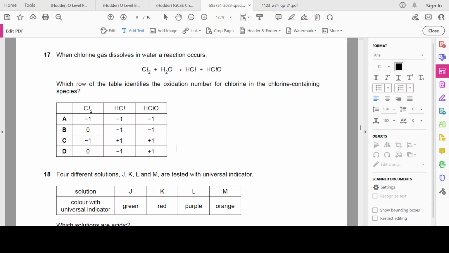So HClO should have an oxidation state of 0. We know hydrogen is +1, we know oxygen is -2. So what does that leave us with to balance it out and make it 0?